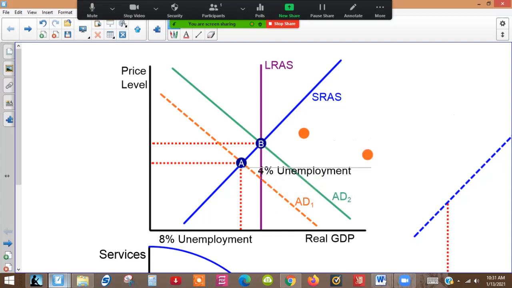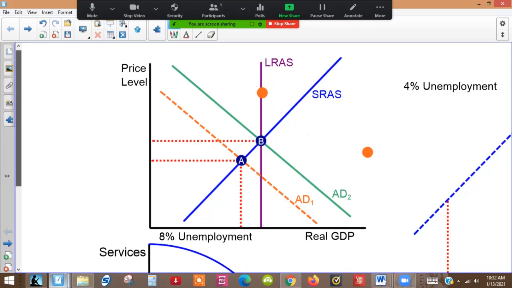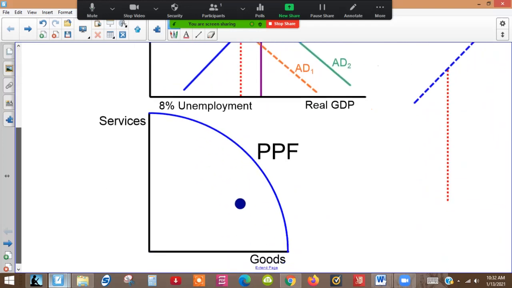So that's going to be this point right here, where the long run aggregate supply curve is, and where the potential is. So just to remind you, if we're anywhere on the long run aggregate supply, it means in the production possibilities frontier, we're anywhere along here.